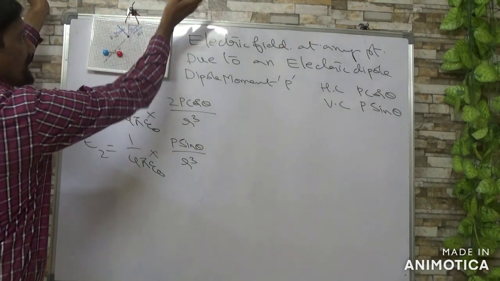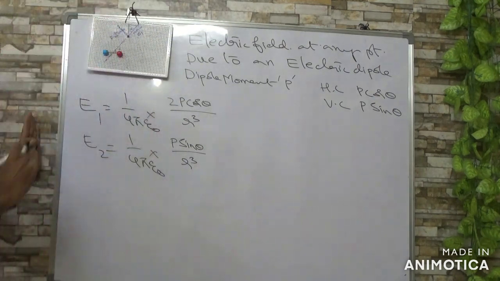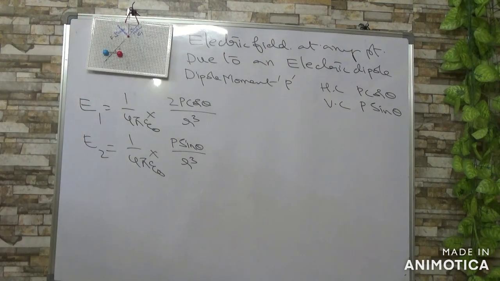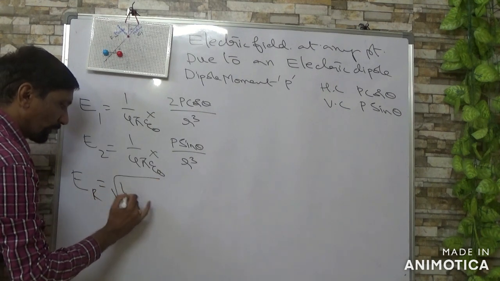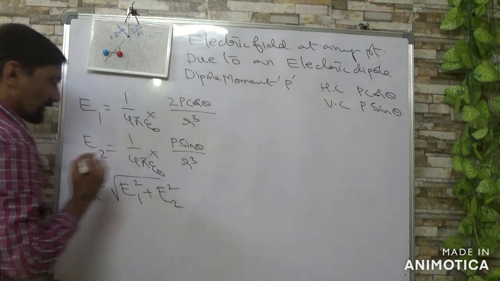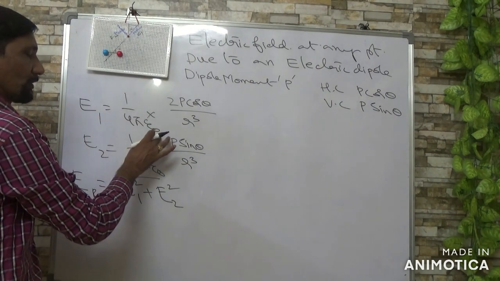Say two fields E1, E2. You want to know the resultant strength at this point. It is root over E1 square plus E2 square.